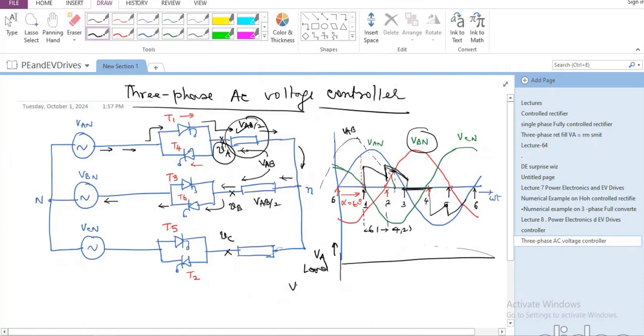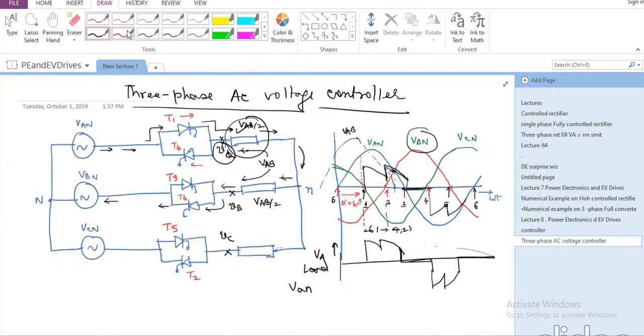Or VAN, if I may call this as this is VAN. So that is going to be, it will jump somewhat like this. And this is going to be the way it is. And then it is going to come down to 0. And then this will be the case as far as A phase load voltage as well as load current is concerned.